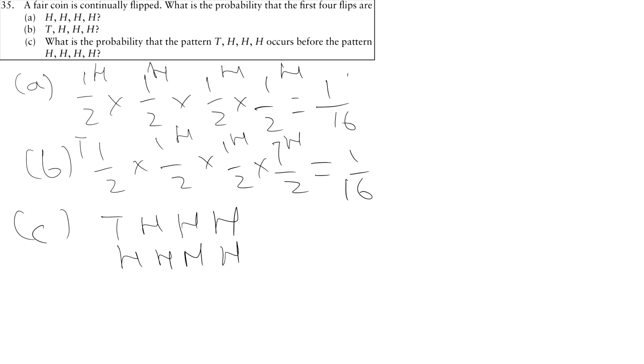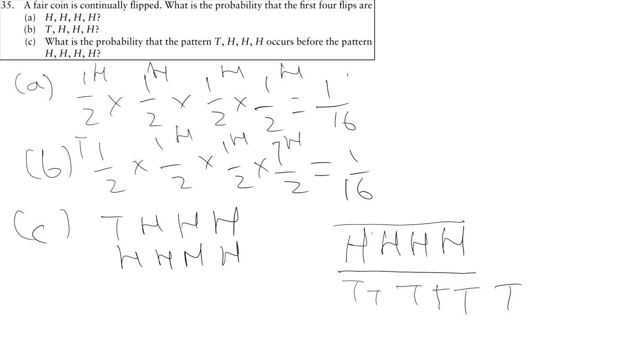The only case that happens is when in the beginning the first flip is H, second flip is H, third flip is H, fourth flip is H, then only you get where T comes before this. Now you may argue that T is going on infinitely, but if it is going continually, ultimately the pattern has to stop somewhere. The pattern stops at either T triple H or 4H.